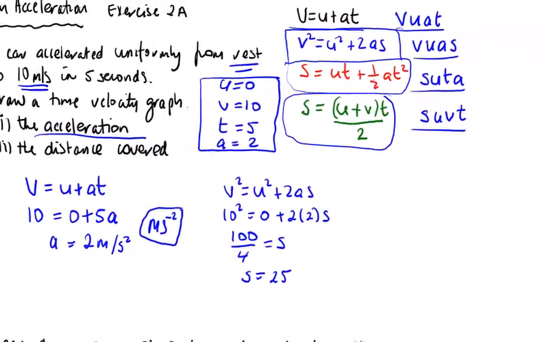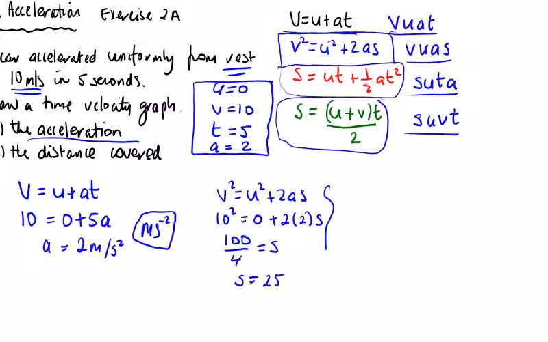So we might look at another one. Let's use the third one. s is equal to ut plus a half at squared.